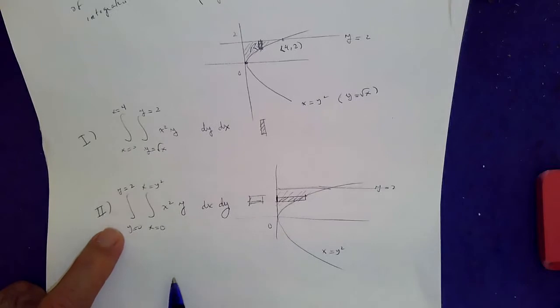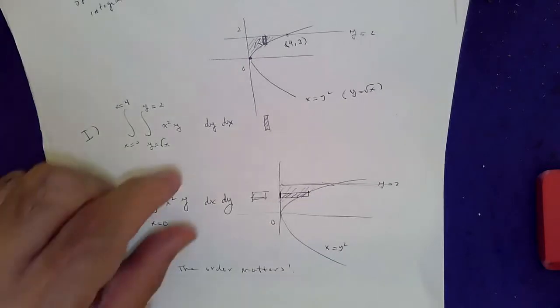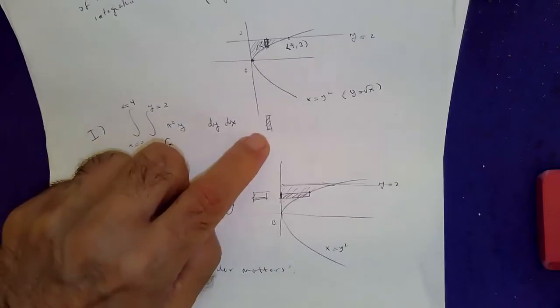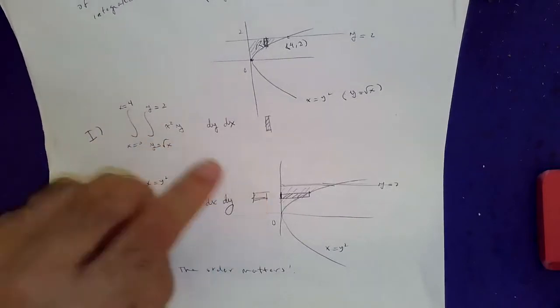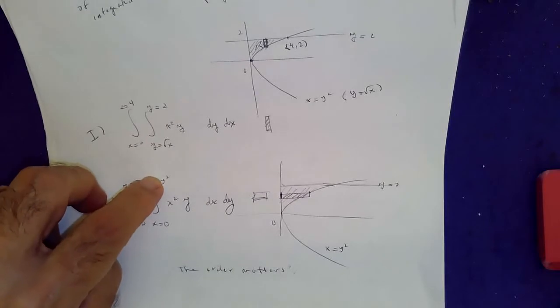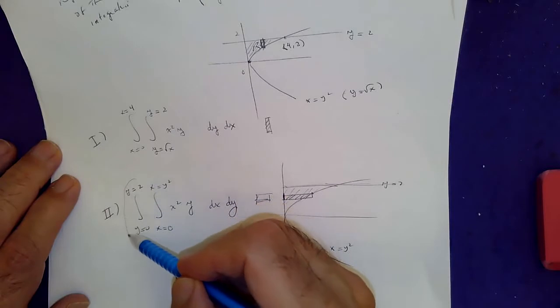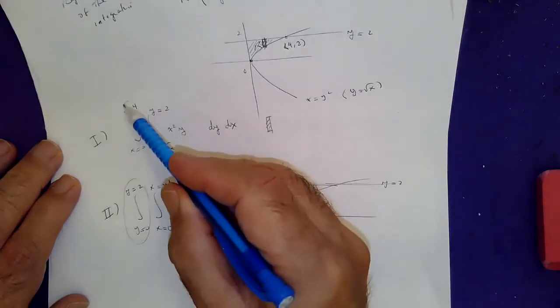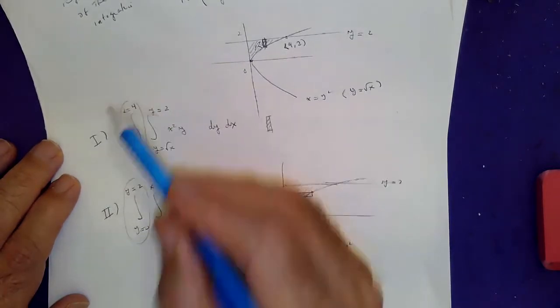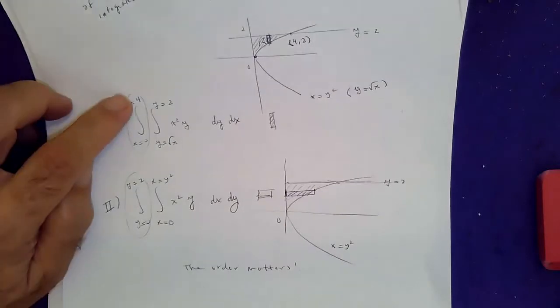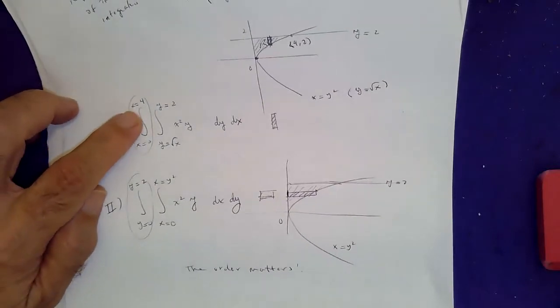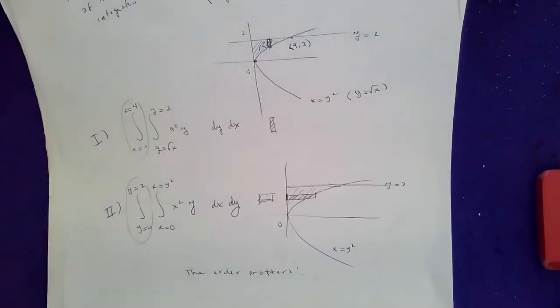The moral of the story is that the order very much matters, because for each kind of setup, whether you take your element vertically or horizontally, the limits drastically change. However, in both scenarios, the outer limits will always, rain or shine, be constant. You'll never have x or y for limits of the outer integration.